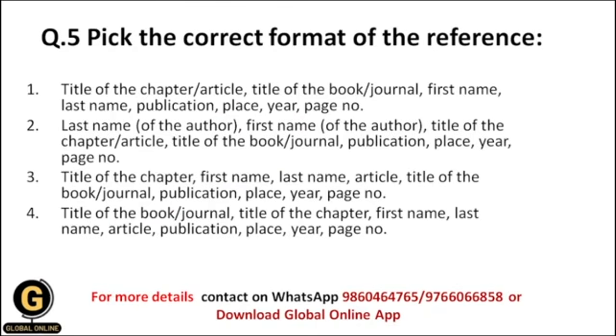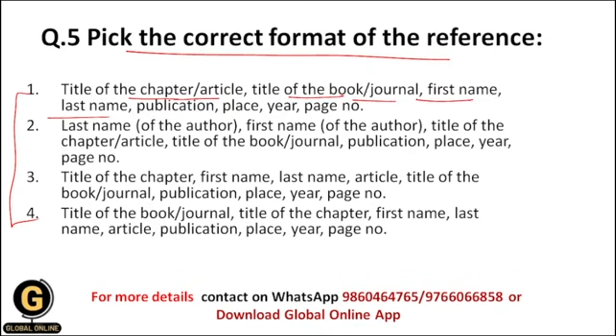Next, pick the correct format of the reference. Now over here they have given different options, and each option includes a different format of the referencing style, and we need to identify the correct one. So let us see. Title of the chapter or article, then title of the book or journal, then first name, then last name, then publication, then place, then year, and then page number.